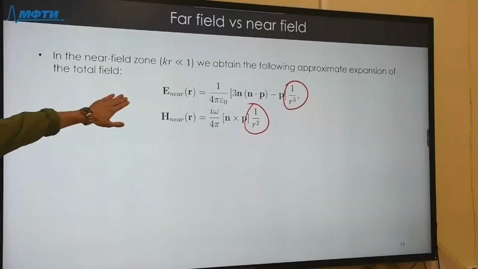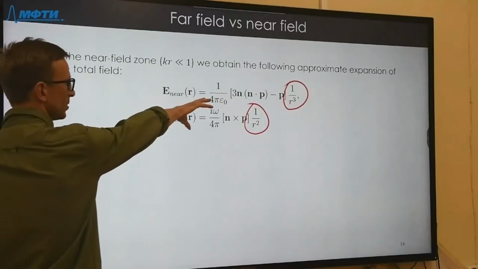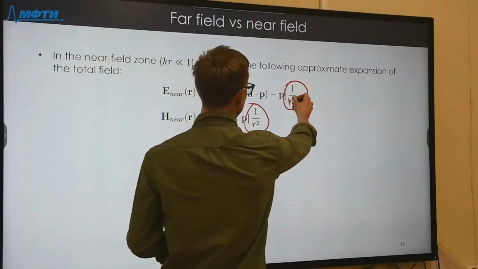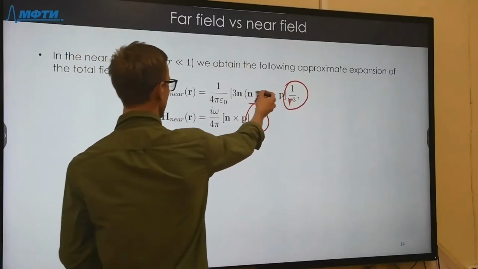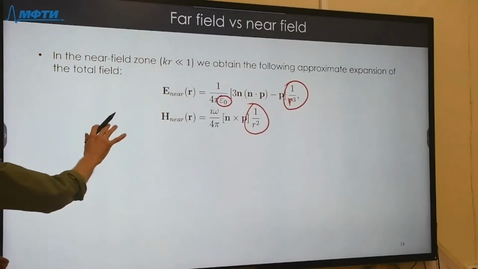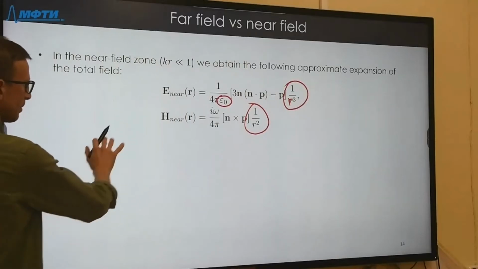And if you look closely at the expression for the electric field, you're going to notice that this actually looks like the electric field of a static dipole. There is no frequency, there is no wave vector in this expression. There is only the distance from the dipole moment, and the vacuum permittivity. So these are the fields of a static dipole essentially. The magnetic field is different.